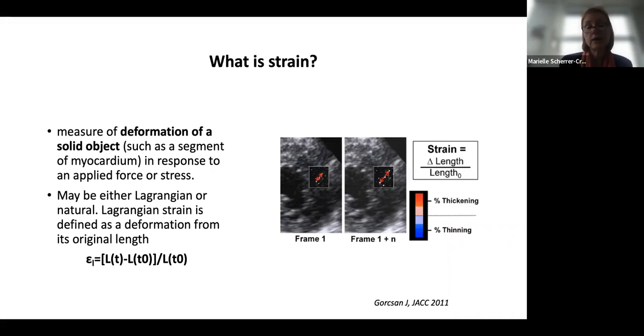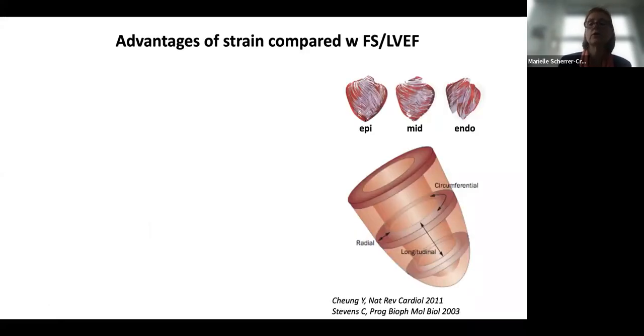It's a measure of deformation of a solid object, and basically the one we use is Lagrangian strain, a deformation from the original length: L at T minus L at T0, over L at T0. And you can do that on segments or on the whole endocardial length as it's done at the moment.